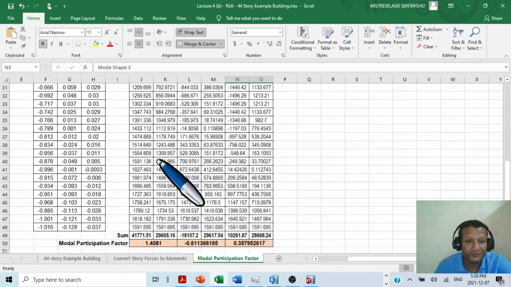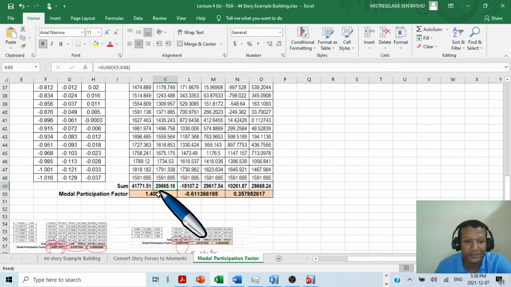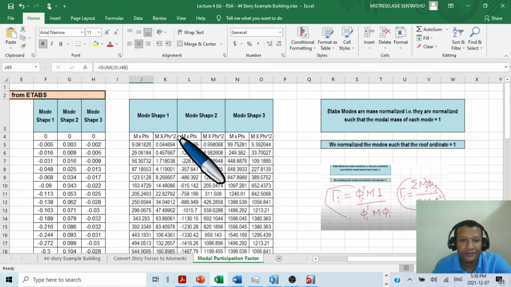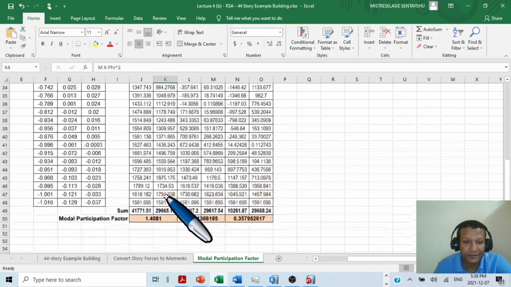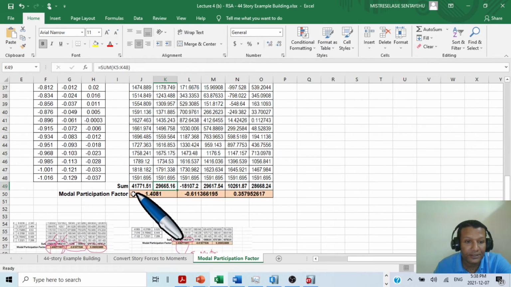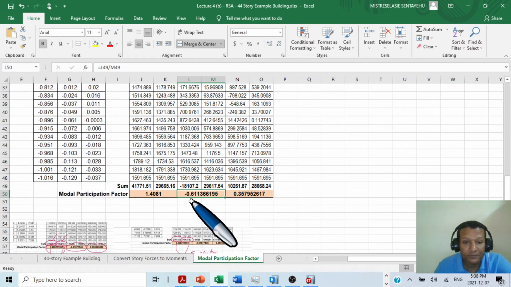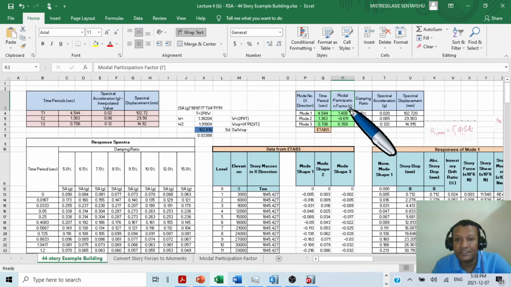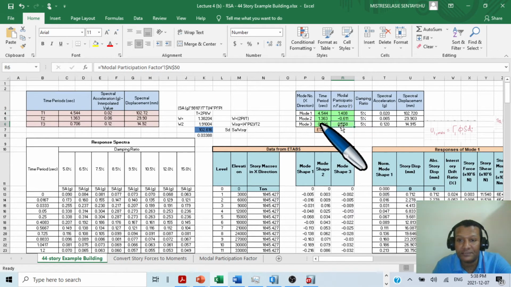Then we sum it and divide it by the total summation of m phi square. So this divided by this one, this divided by this one. So the mode participation factor for the first mode is 1.4081, for the second mode minus 0.61136, and for the third mode 0.3579 is our result. So we go here, this is the modal participation factor for the 3 modes.